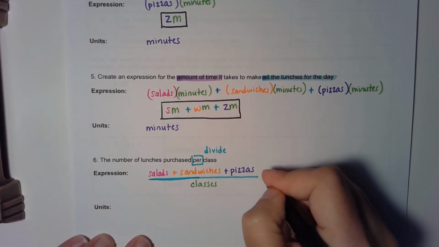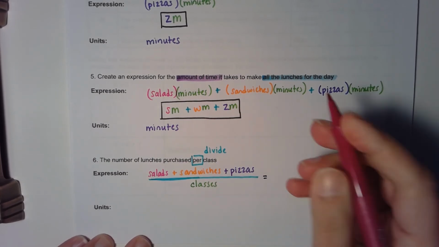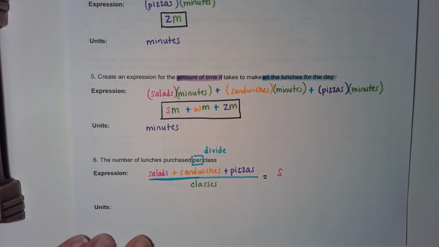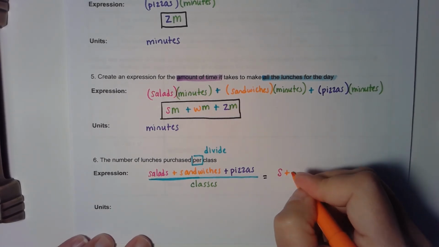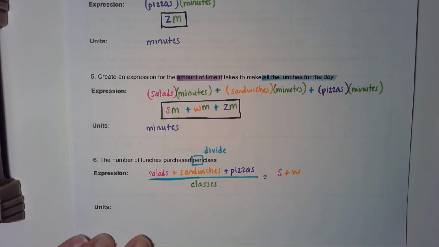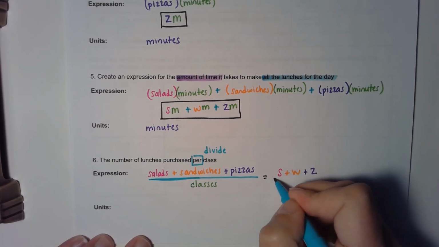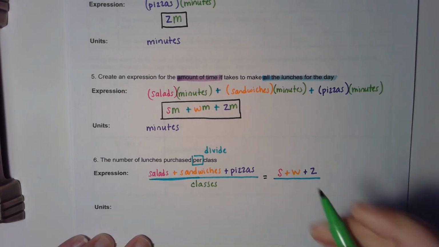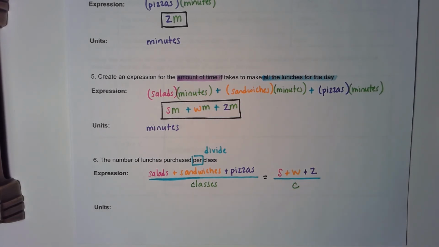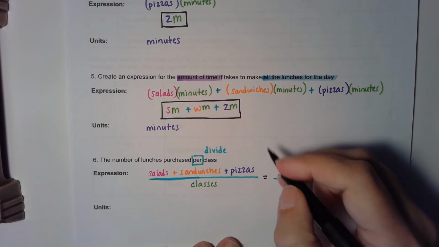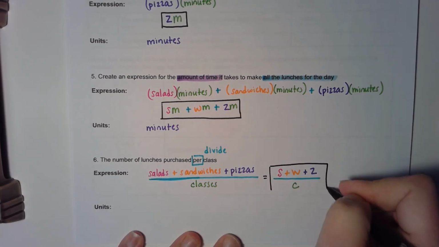Now, in our directions here, it says we're going to use S for salads plus W for sandwiches plus Z for pizzas, and then divide by, we're using C for classes. And this would be your final expression.